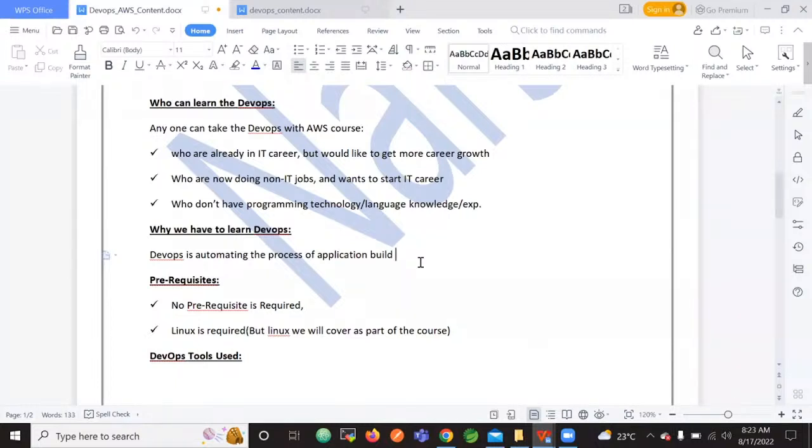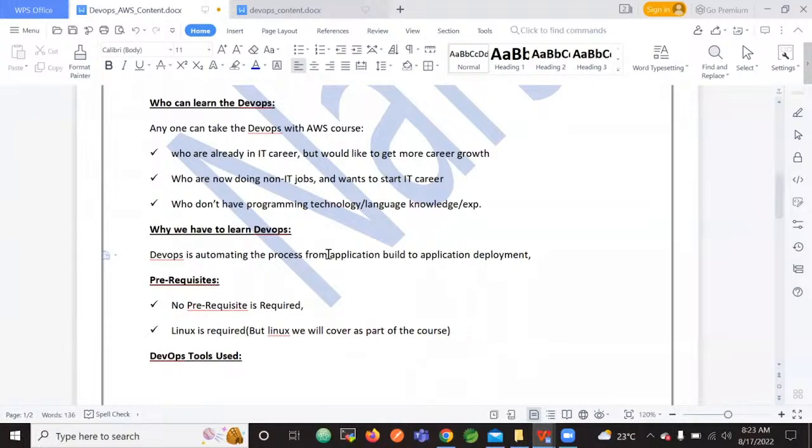So DevOps is automating the process from application build to application deployment. Here, deployment just means making the application available in your Play Store. That's it. Just consider the same scenario: making an application available in the Play Store is called deployment.